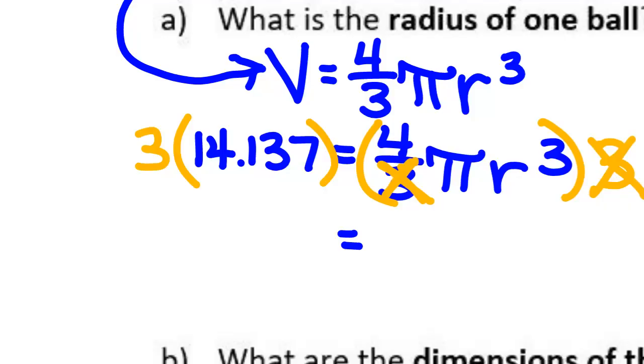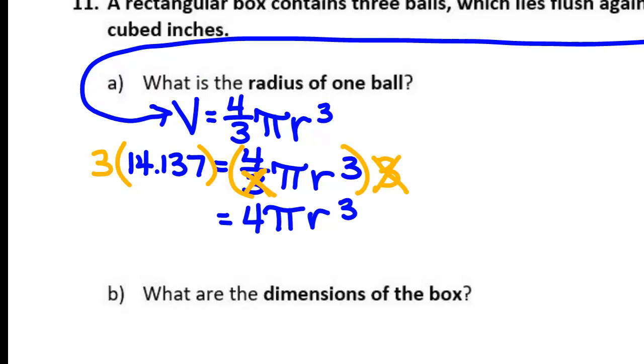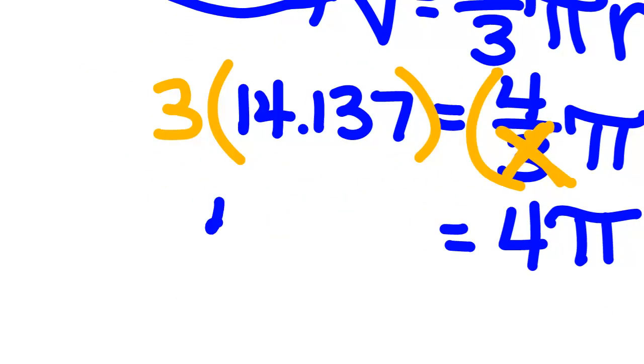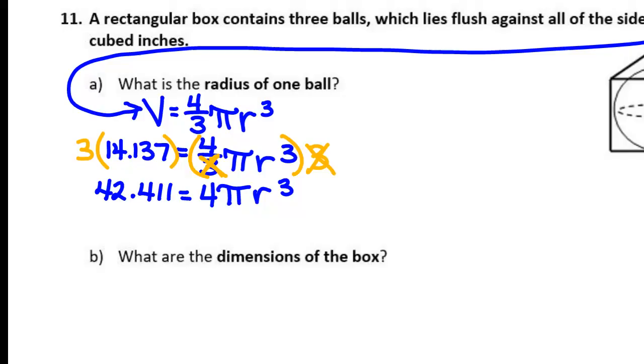Over on the right, I would have 4 pi r cubed. What would I have on the left? 42.411. All right, what's my next step?